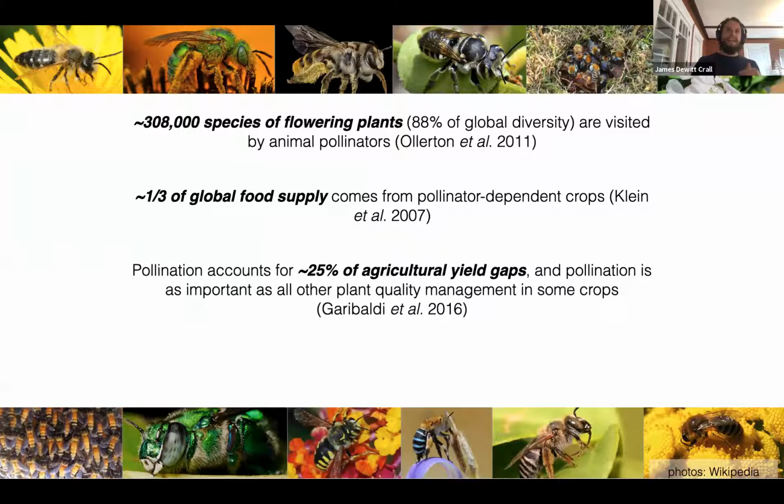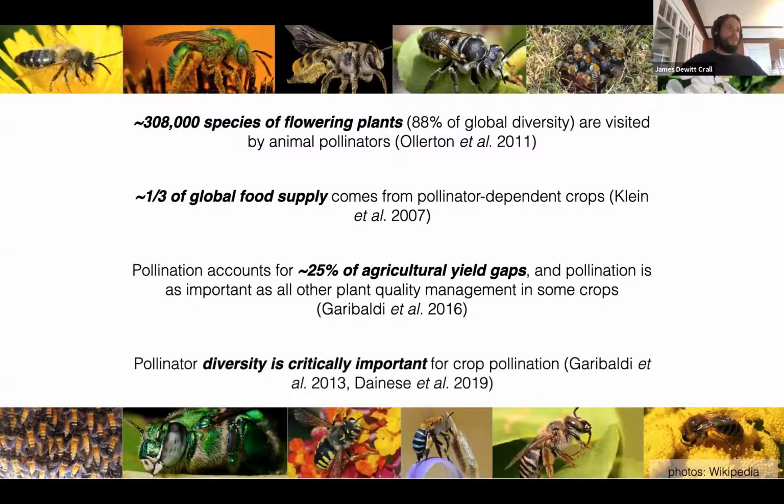And in existing systems, we think that about a quarter of existing yield gaps, so if you look within a particular crop at the difference between high and low yielding farms and try to understand what drives that difference, about a quarter of that might be due to lack of sufficient pollination. So this is an important real world problem with important impacts on food production.